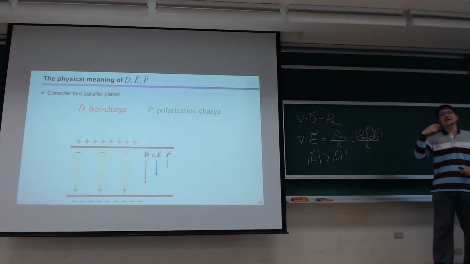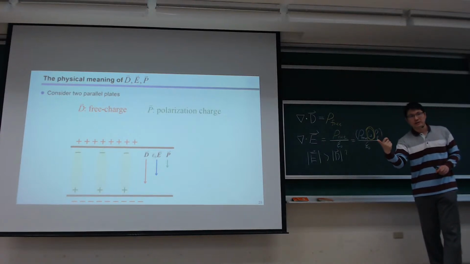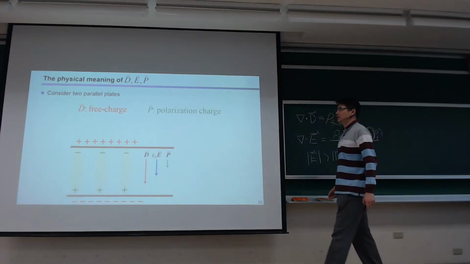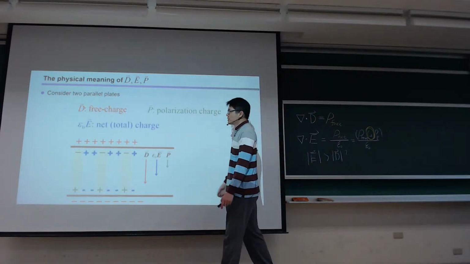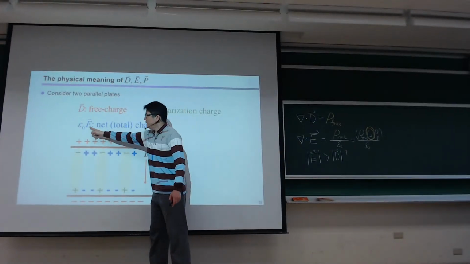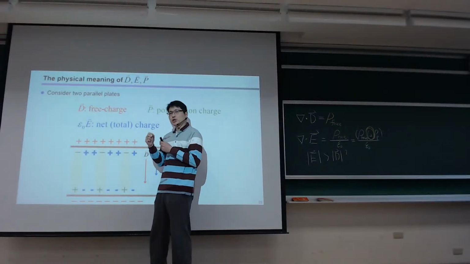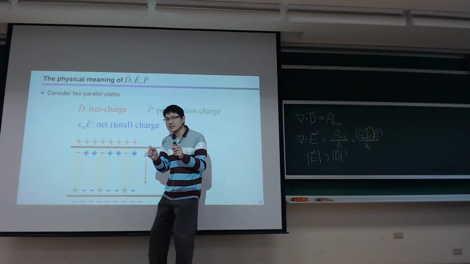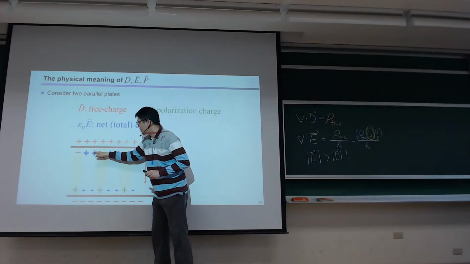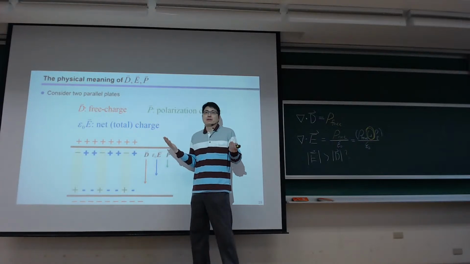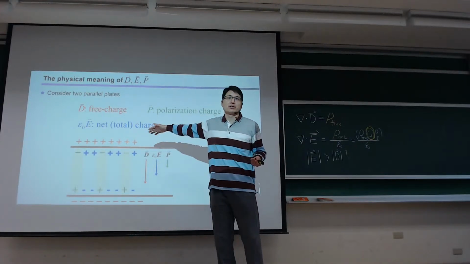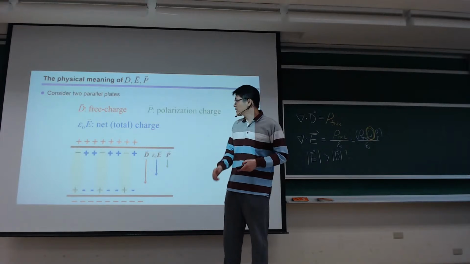You are actually adding a negative quantity. So in the end, E is related to the net charge density. So you only have 5 net charges on the top surface.